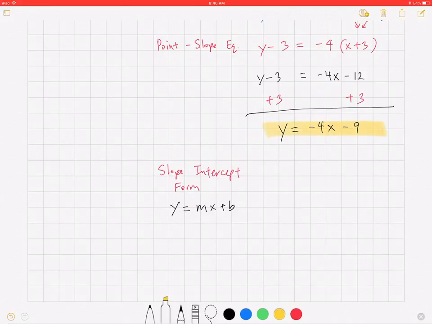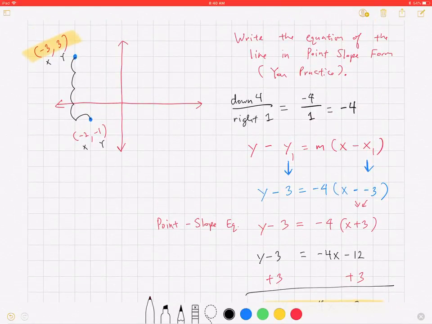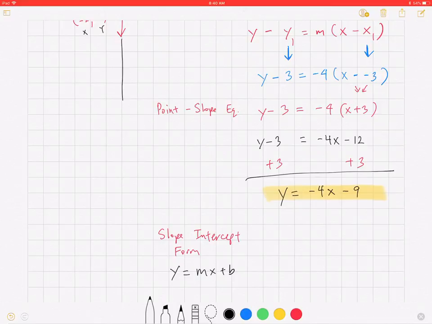And then if we go back to the picture, you'll notice that if you were to draw in the line, I'm going to try my best here to connect these two, you would have to go way down on the y-axis to finally get to negative 9.